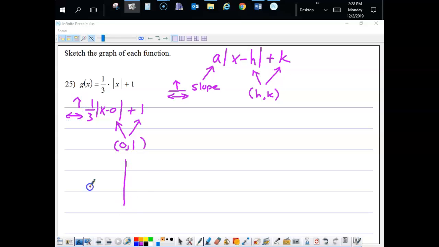Ready? 0, 1 is here. We're going to go up 1, right 3, up 1, left 3. Connect your dots with your V shape. It's a compressed absolute value function that's been shifted up one space, right?